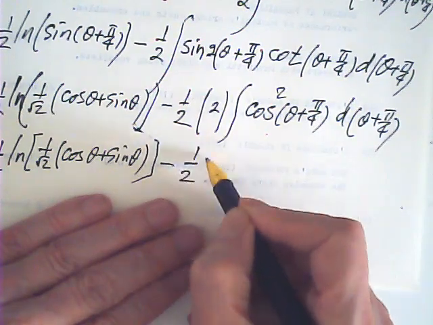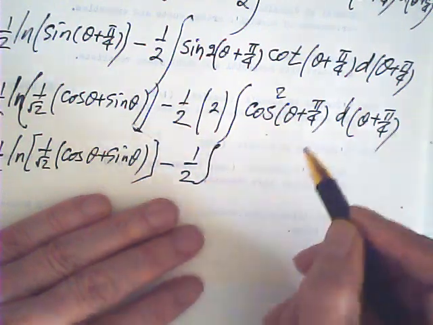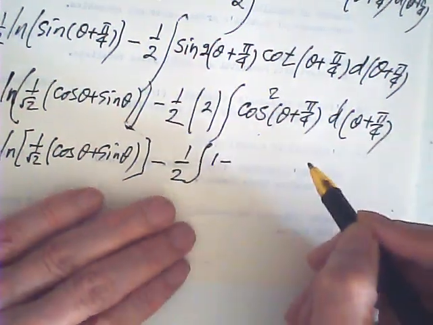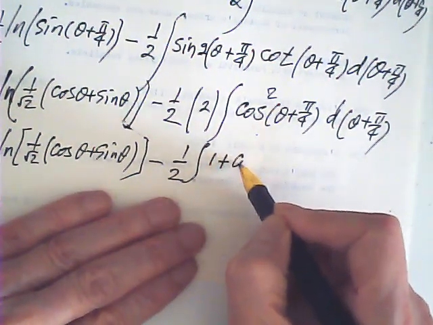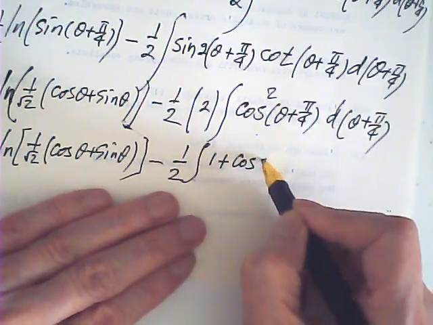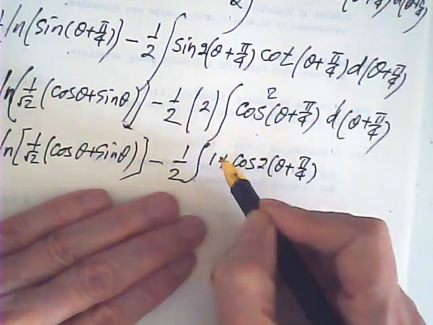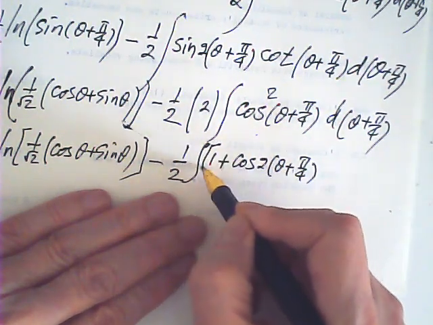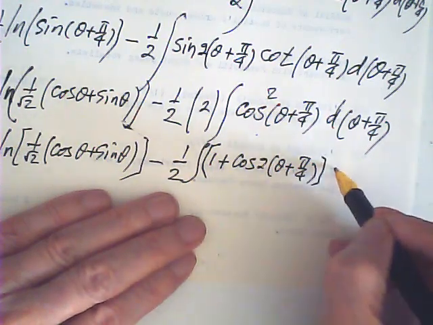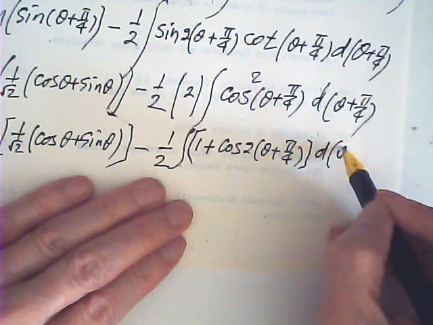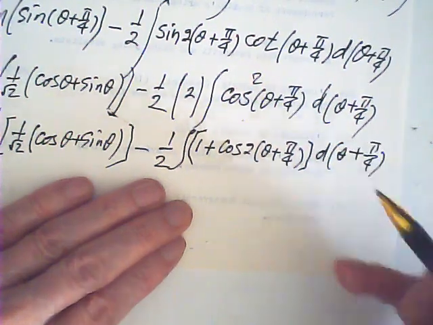Becomes 1/2 integral 1 minus 1 plus cosine 2 theta plus quarter pi, right? D theta plus quarter pi.